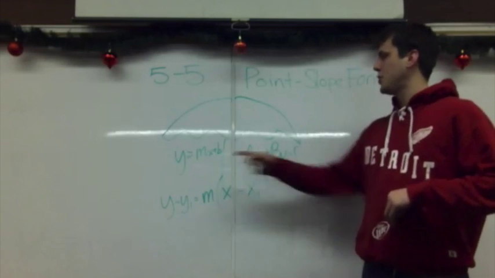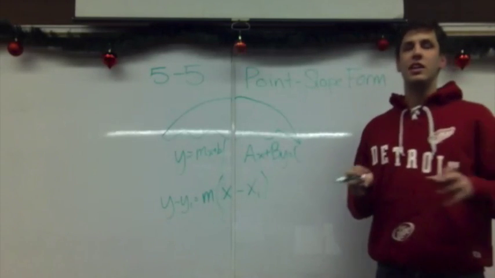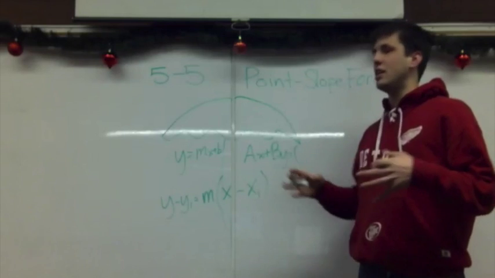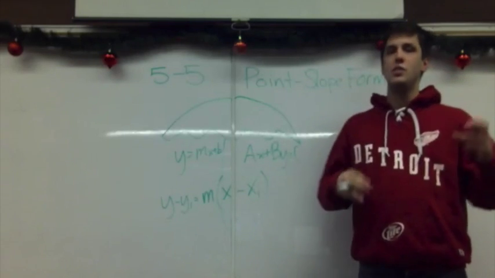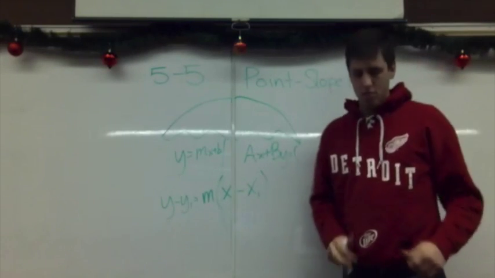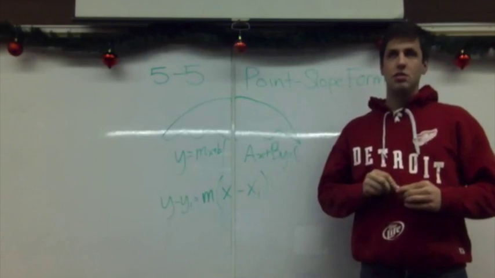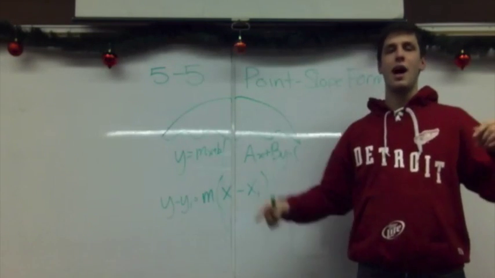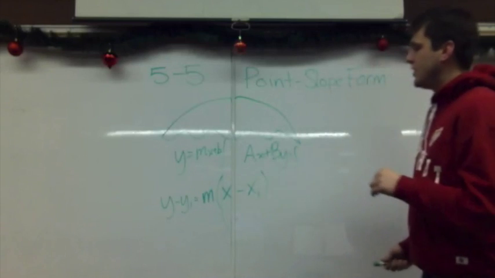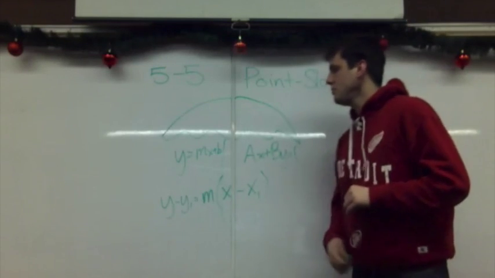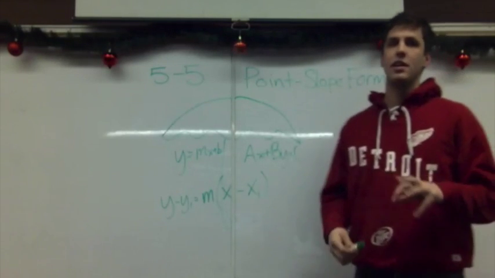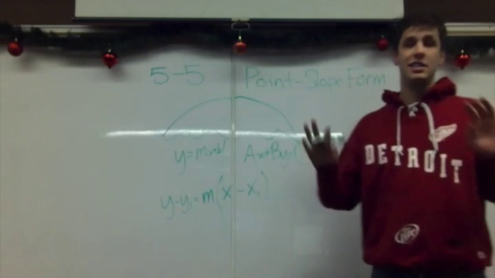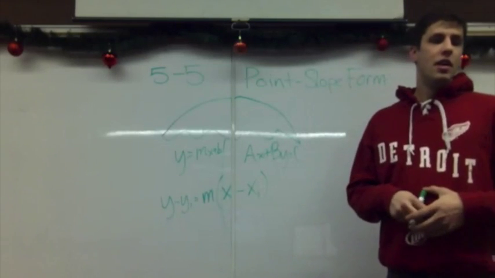And so with both of these equations, you're given a point and the slope or 2 points, which you can use to graph the line. This third one, you can also use it to graph the line. And here's the general idea. This is the one that you can write down.